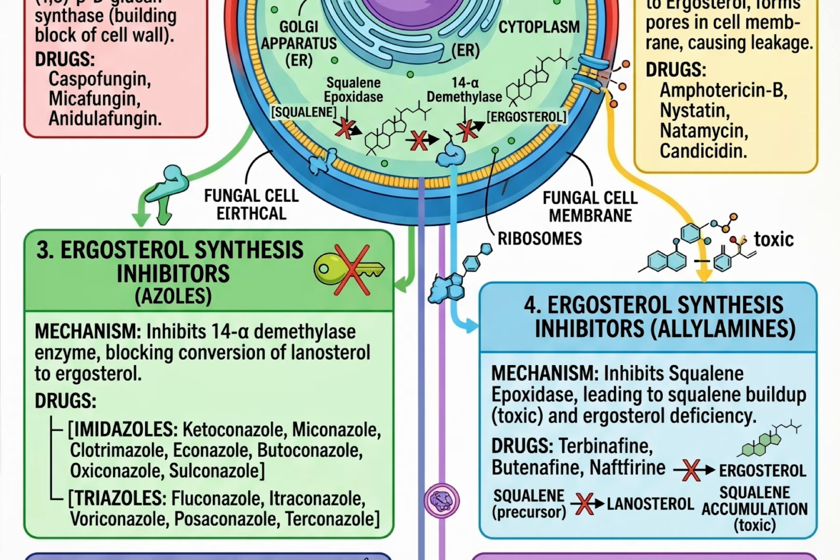So let's move to the mechanism of action of azoles. Azoles inhibit the 14 alpha demethylase enzyme and stop the conversion of lanosterol to ergosterol. These drugs include imidazoles and triazoles like fluconazole, itraconazole, the most commonly used antifungal agents.